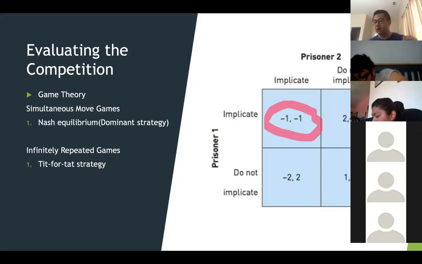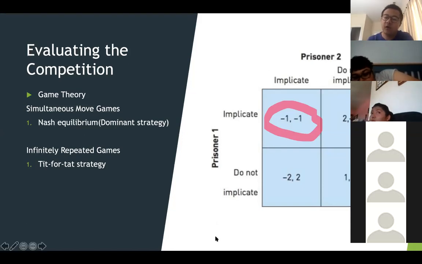How many of you learned game theory before? I learned it in economics class. Okay, economics class. Right, I also learned this theory in economics class.